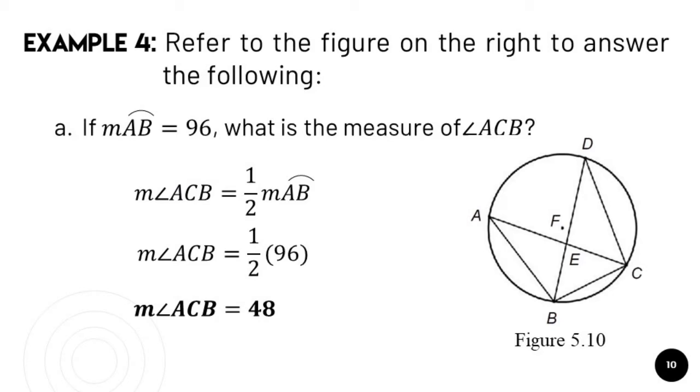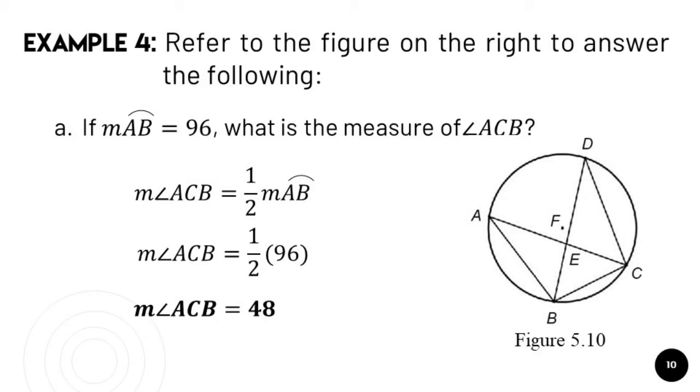Solving for the second problem, if the measure of arc AB equals 96, what is the measure of angle ACB? Angle ACB is an inscribed angle intercepting arc AB. Therefore, its measure is half the measure of arc AB. Hence, the measure of angle ACB is equal to 48.